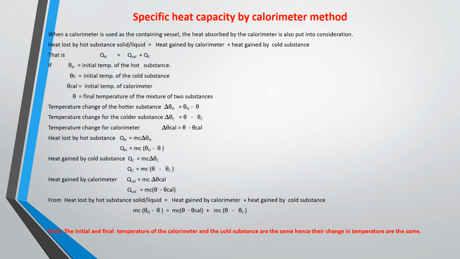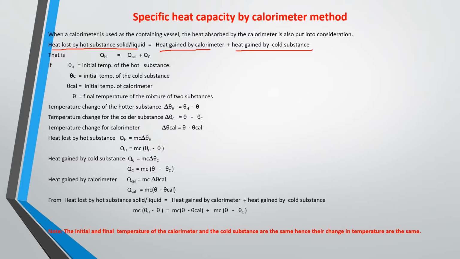Okay, by the calorimetric method, just like what we said before, in this particular instance you are going to take into consideration the heat absorbed by the calorimeter, because the heat given out by the hot body will be equal to the heat gained. This heat lost by the hot substance is equal to the heat gained by the calorimeter plus the heat gained by the cold substance.